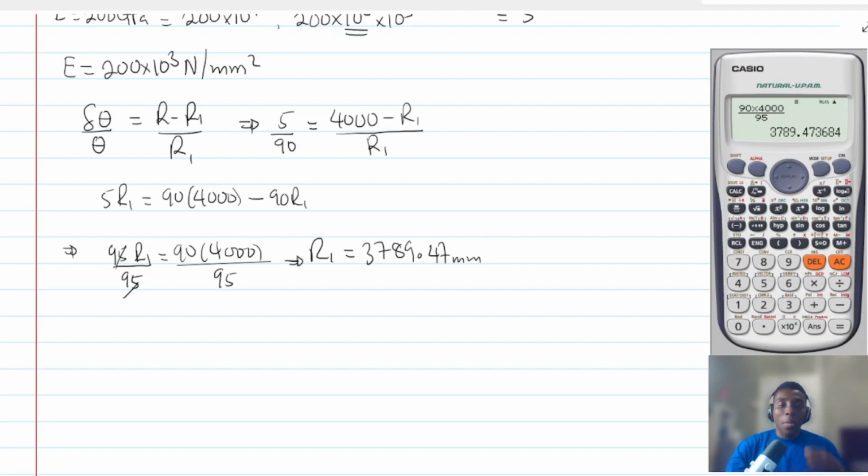Okay, so what next? Now that we have the radius, we can try to find the bending stress. Now, two ways: either we find the strain. So when we see the stress, it is the Young's modulus multiplied by the strain. So either we separate and find the strain, or we just put everything together.